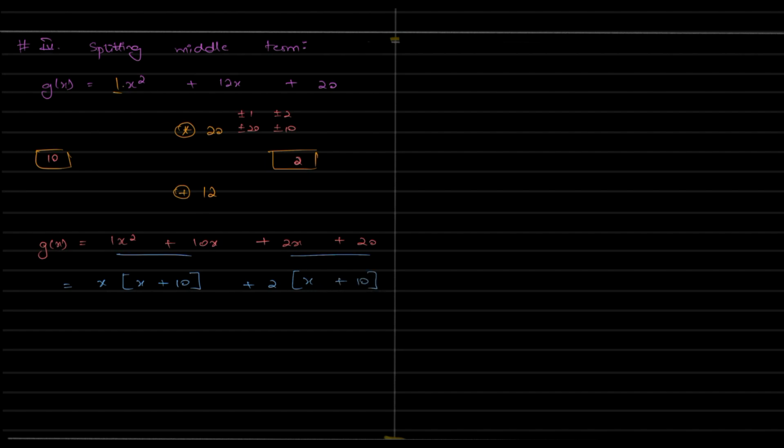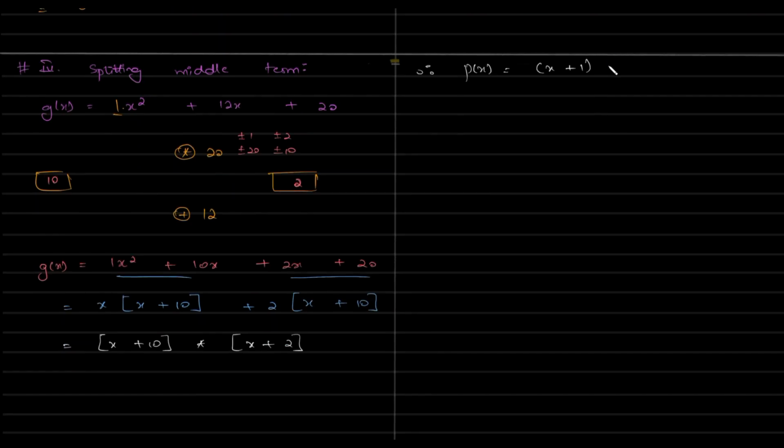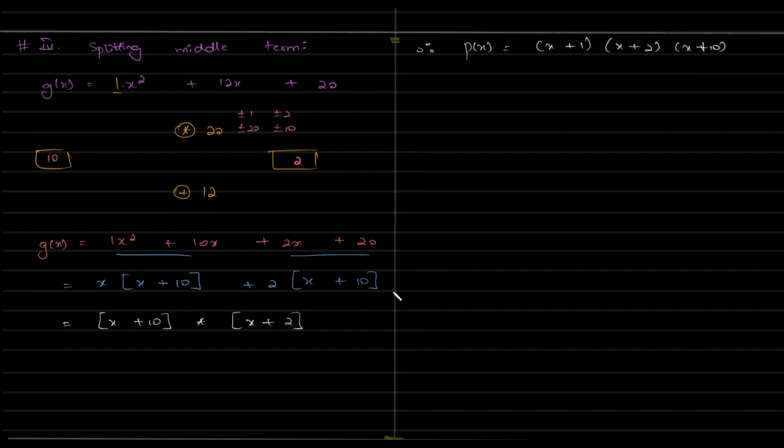So between these two we have x plus 10, and you're left with x plus 2. And thus we have the answer: p of x is equal to x plus 1, x plus 2 and x plus 10. And that is your answer.